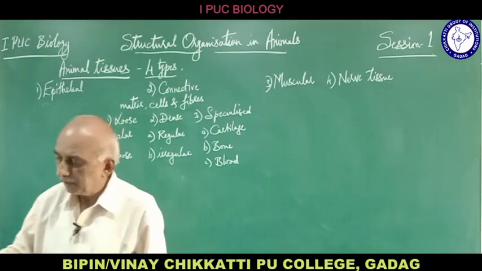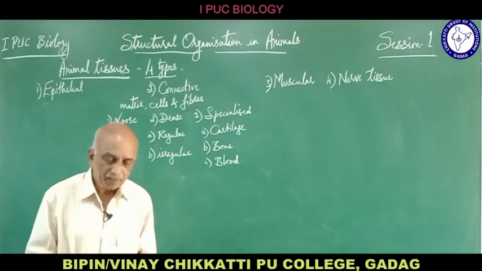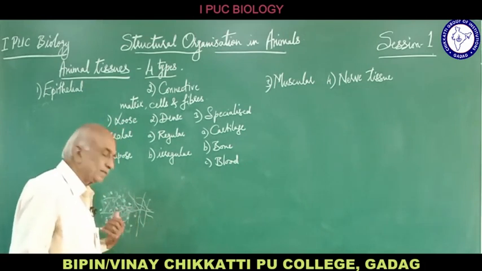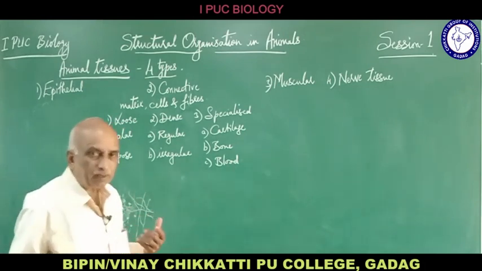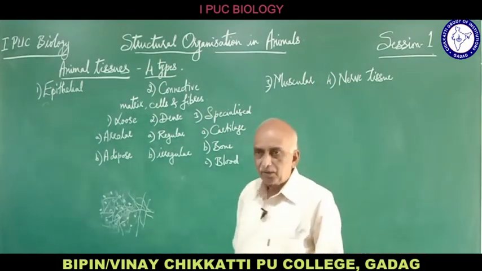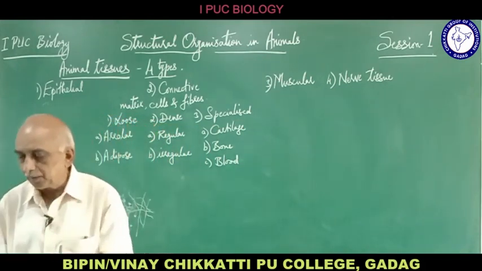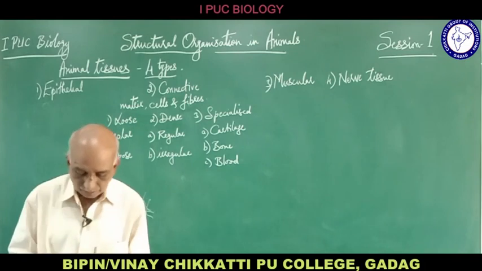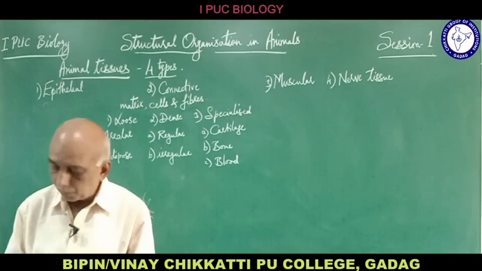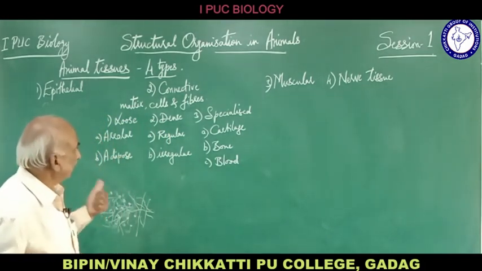It helps in protection, and the main structure is the cells which are present here. There they store fat material, and thus that is adipose tissue. There are not many types of cells here, particularly fat cells or adipose cells. They store reserve food material in the form of fat, and thus they prevent the loss of heat from the body. That is adipose tissue. So these two are loose connective tissues.